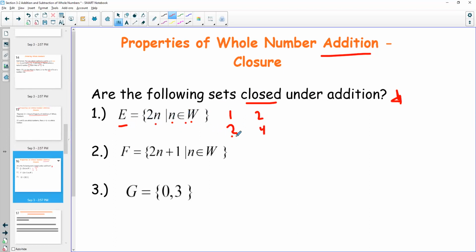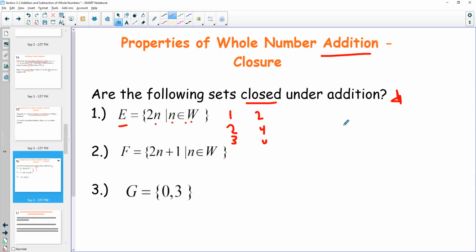If n is 3, 3 times 2 is 6. Are we going to come to any number that isn't a whole number here? You might have to stop and think about it for a second. No, we're not, are we? So it's got to be closed.